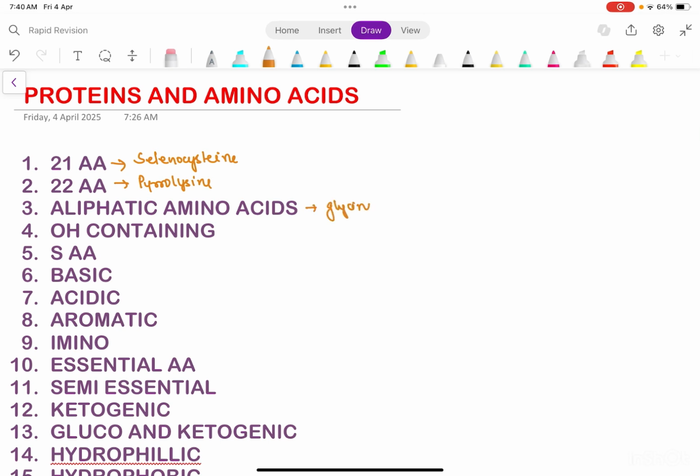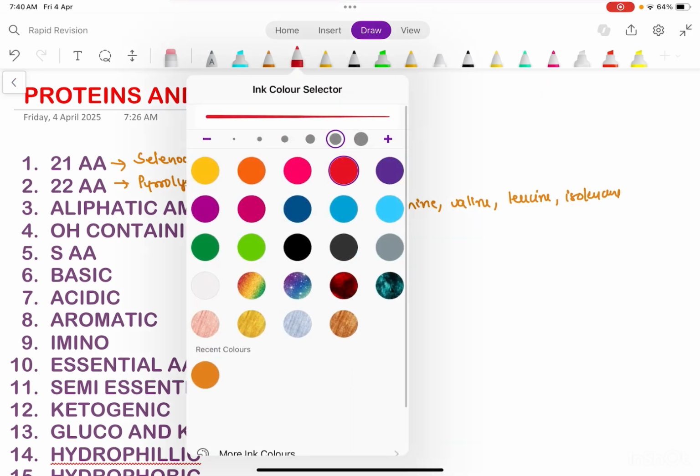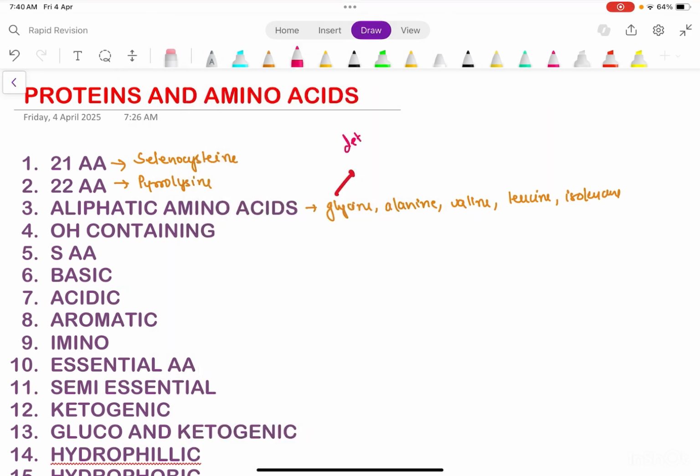Now coming on to the aliphatic amino acids, they are glycine, alanine, valine, leucine, and isoleucine. Now you should know the functions of all of these amino acids. First of all, glycine is basically used for detoxification.